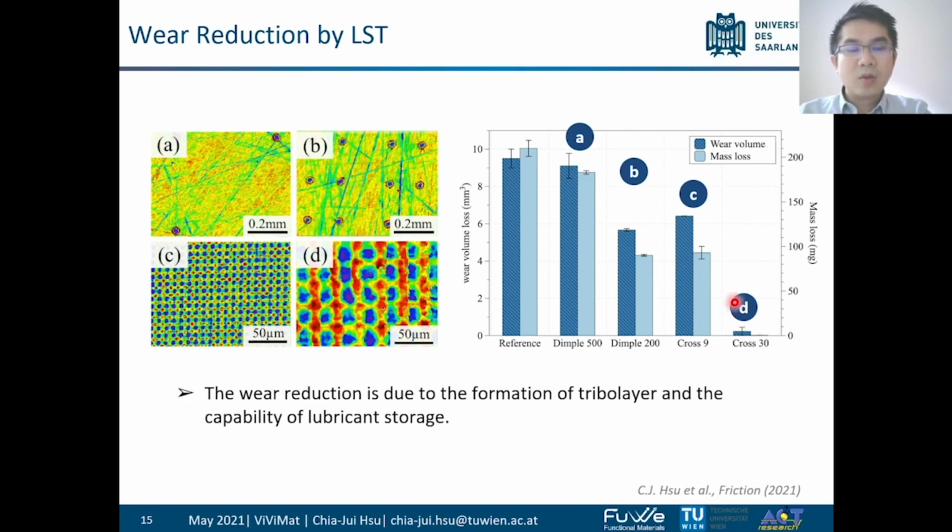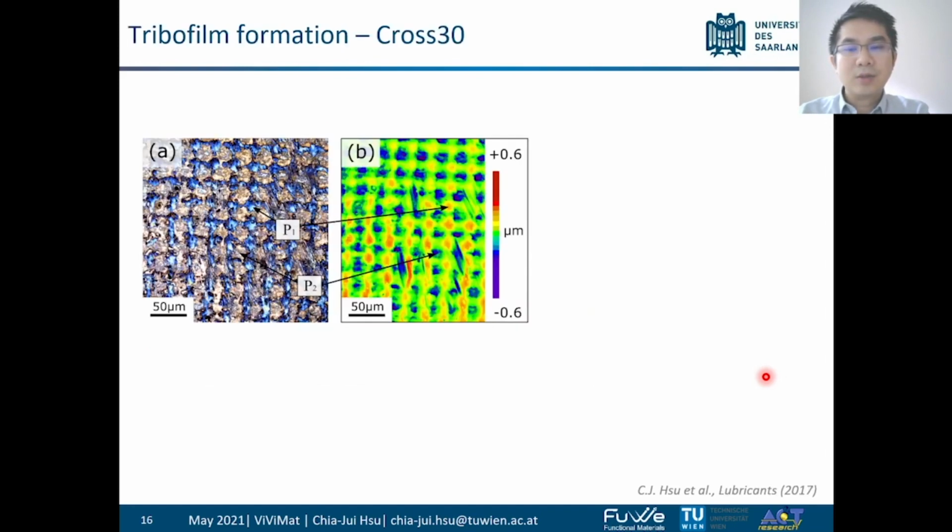So we would like to look further at the cross 30 to see if we can find the tribolayer on top of the surface, which can prove it is due to the presence of the tribolayer. As you can see here, the left-hand side is taken by the optical microscope, and the right-hand side is the laser scanning microscope, which shows the topography.